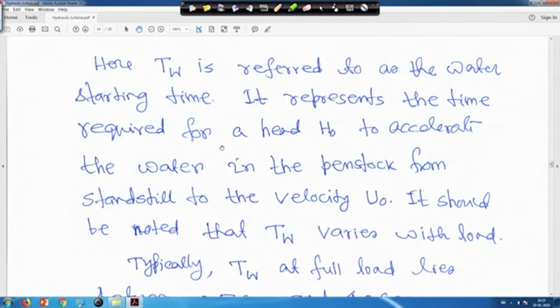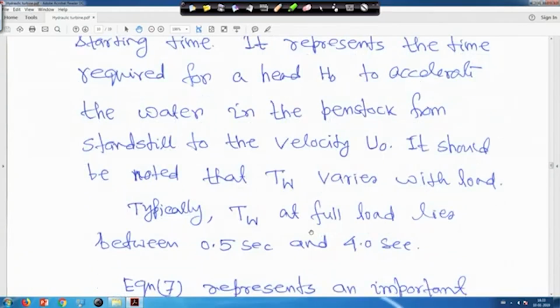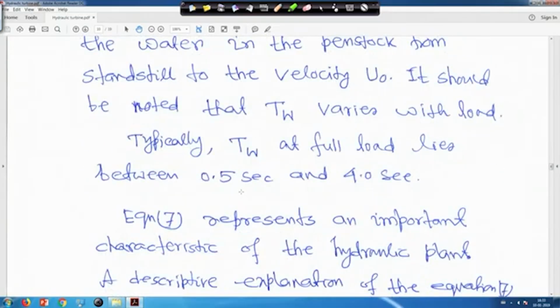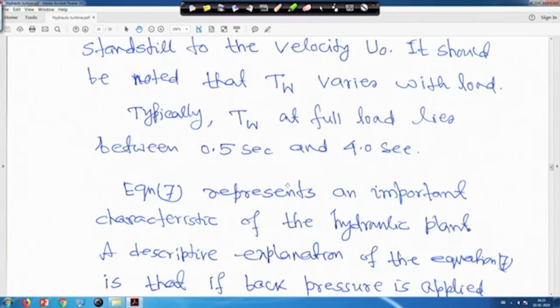It represents the time required for a head H0 to accelerate the water in the penstock from standstill to the velocity U0. It should be noted that TW varies with load. Typically, TW at full load lies between 0.5 and 4 seconds.